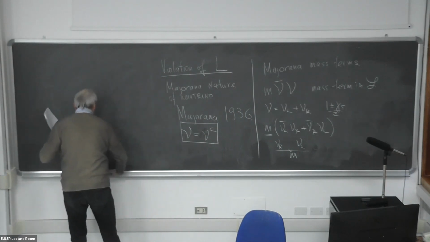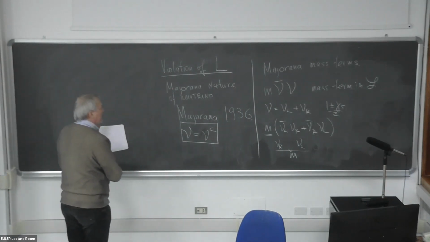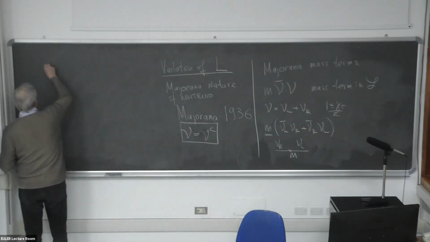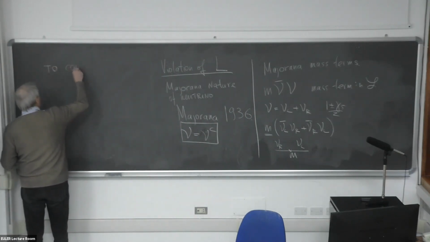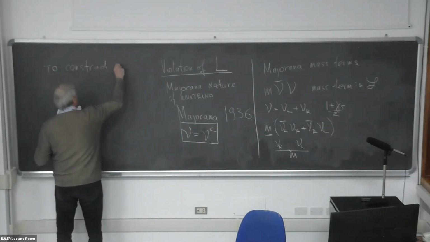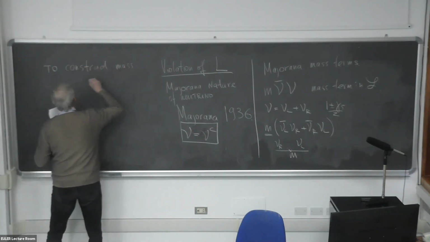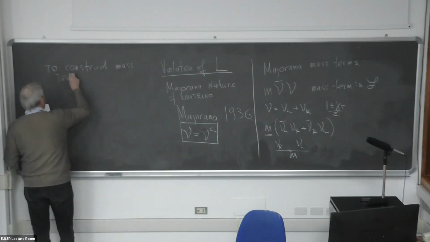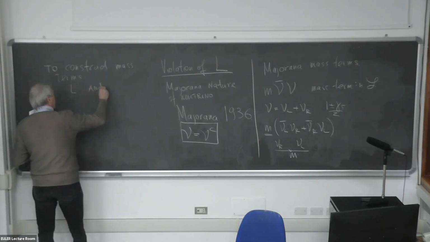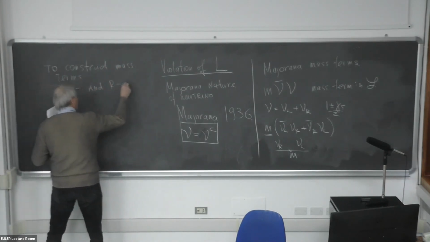So let me invert the argument and say the following. To construct a mass term, you need to have left and right components.